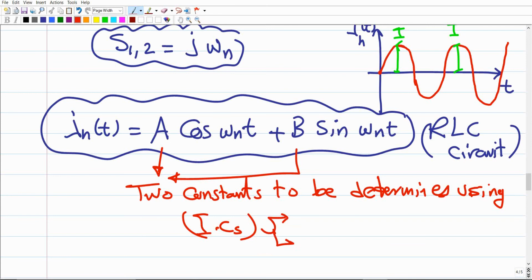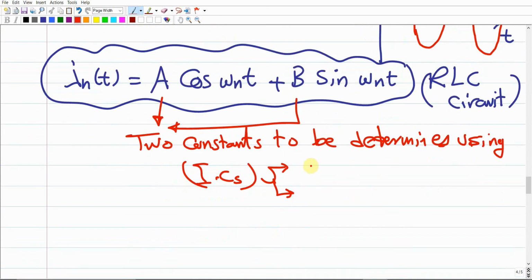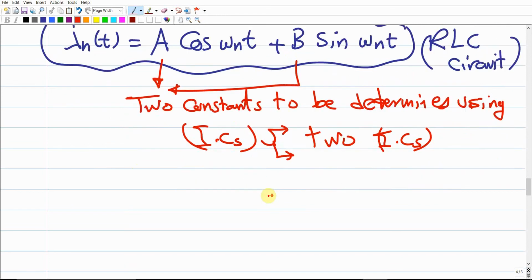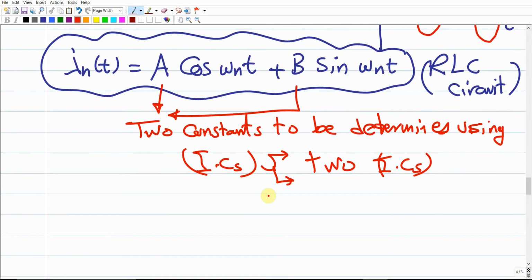But basically, since these are two constants, we need two initial conditions. Why? Because we have two constants. In the first order ODE, we had only one constant, so that's why we asked for only one initial condition. But since we have two constants here, we have to ask for two initial conditions so we can find A and B.